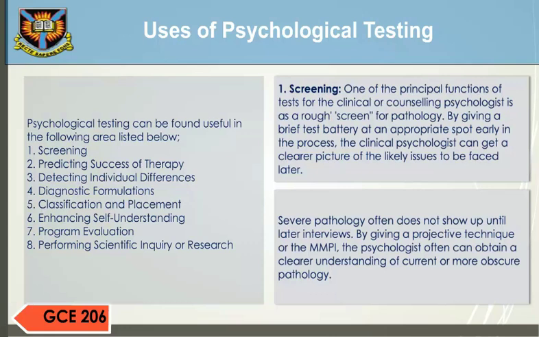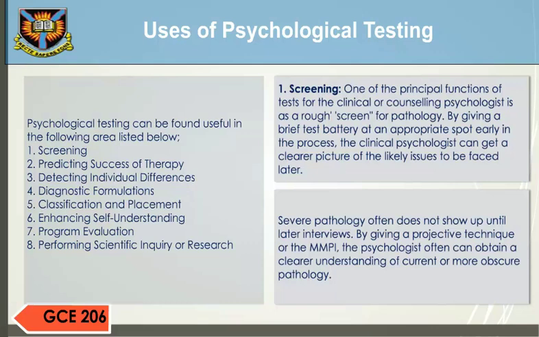1. Screening. One of the principal functions of tests for the clinical or counseling psychologist is as a rough screen for pathology. By giving a brief test battery at an appropriate spot early in the process, the clinical psychologist can get a clearer picture of the likely issues to be faced later.